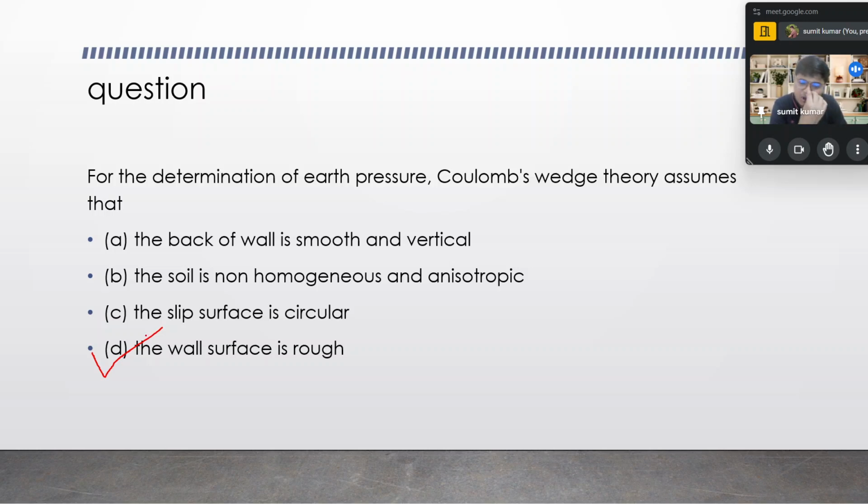Coulomb theory assumes the wall surface is rough, not smooth and vertical, because we are talking about the Coulomb wedge theory. Soil being non-homogeneous and isotropic is also a wrong answer, because soil is always assumed homogeneous and isotropic. The slip surface is not circular, so wall surface is rough is the correct answer.